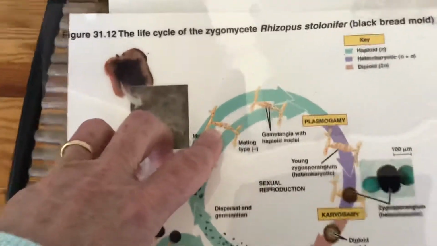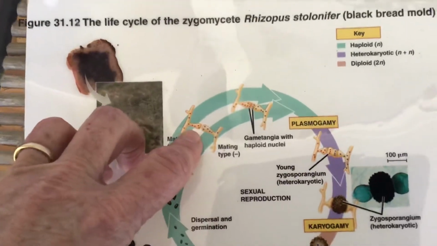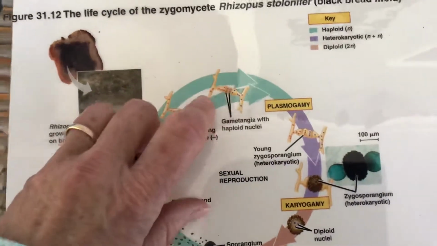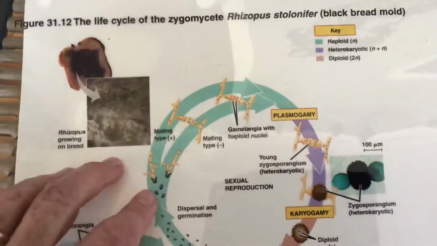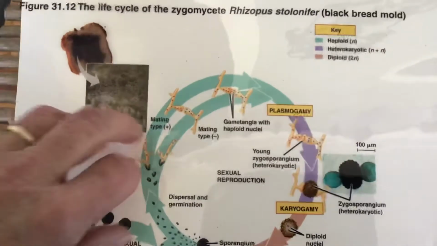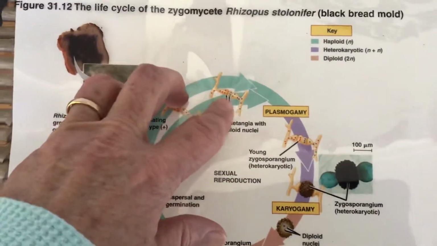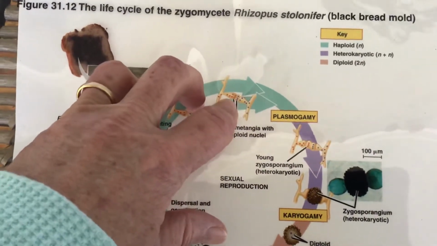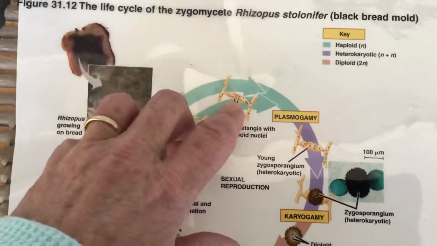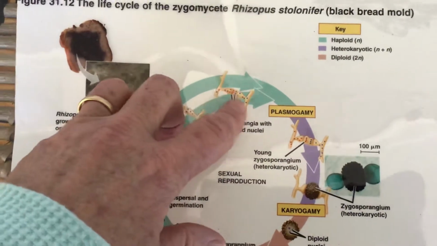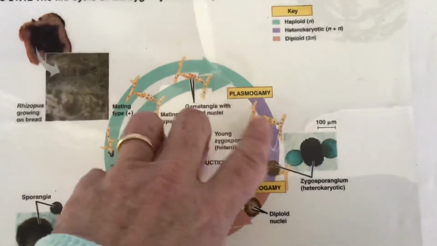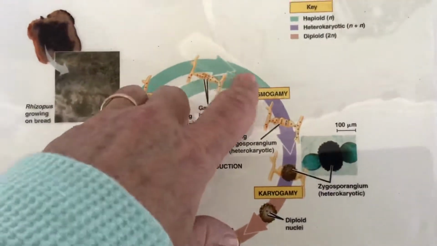Right here it's showing them meeting, and when they meet, they are going to undergo plasmogamy, that is, the actual cell membrane or cell wall of this one is going to join with that one, and the nuclei then can be mixed. Okay, so that's what's happening right here.